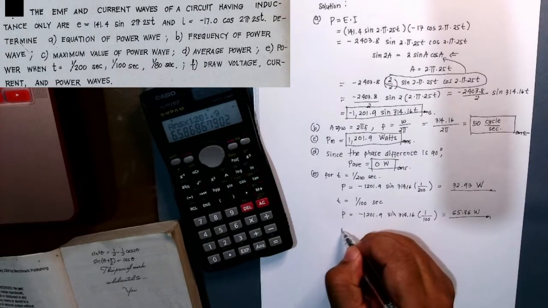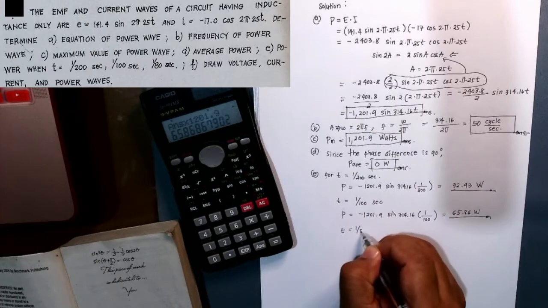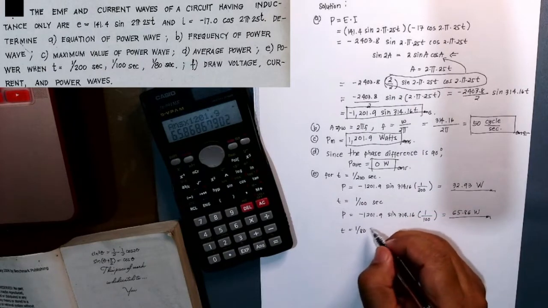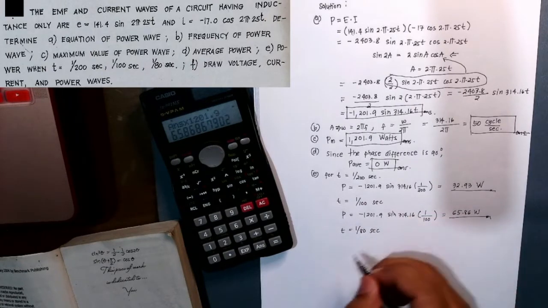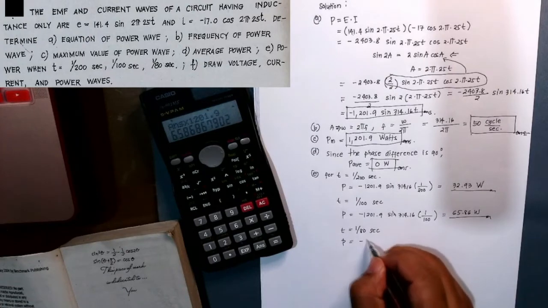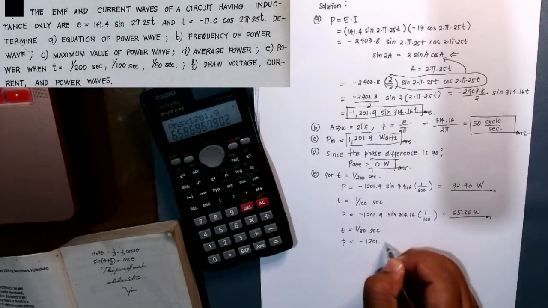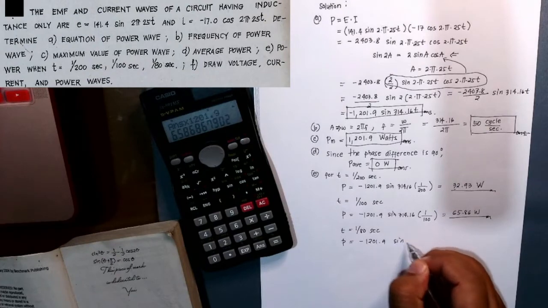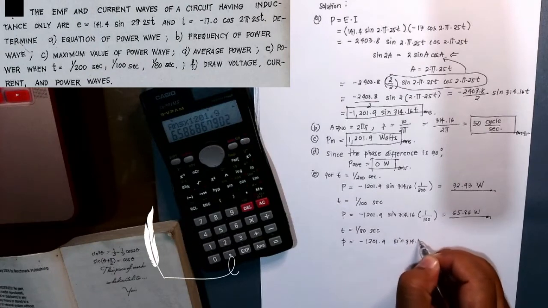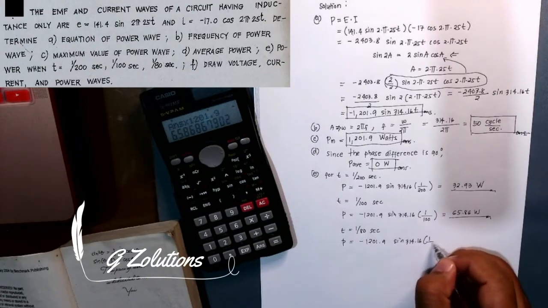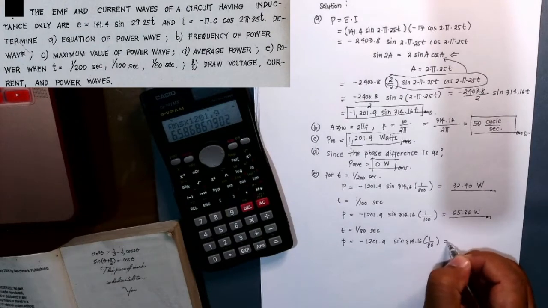And for the value for the seconds, which is 1/80, the same thing. 1201.9 sine 314.16 times 1/80.